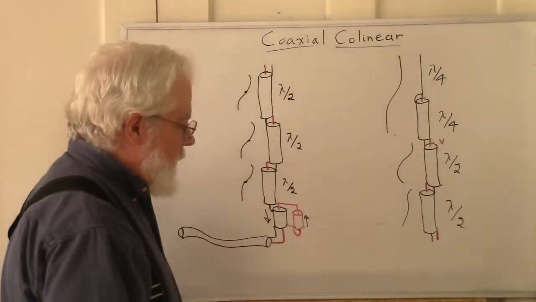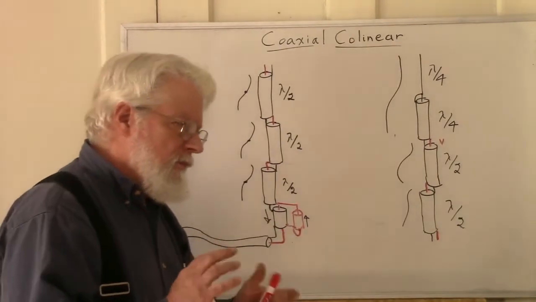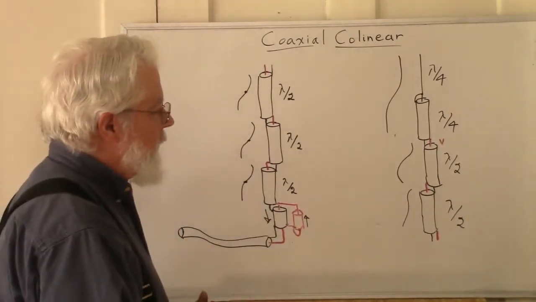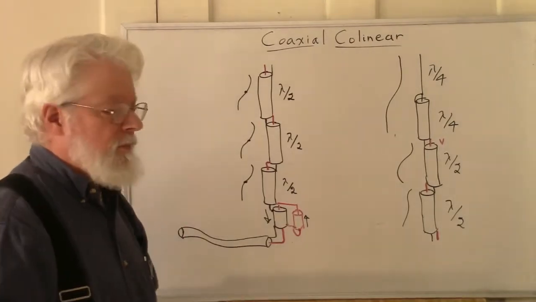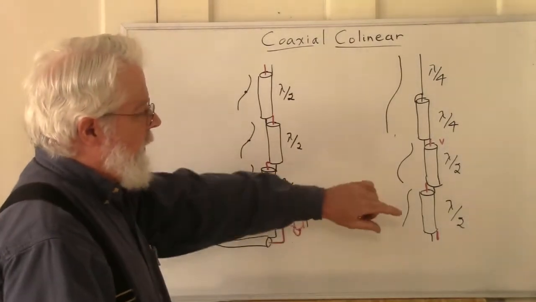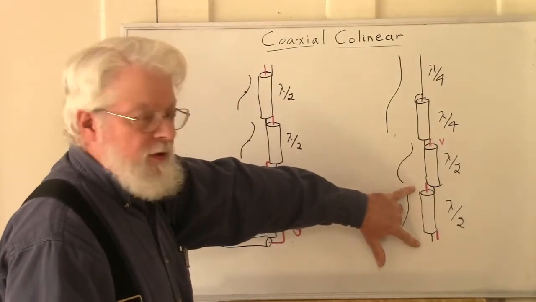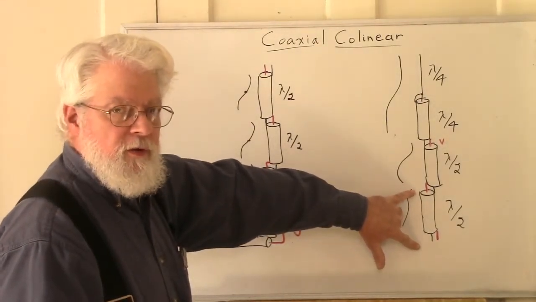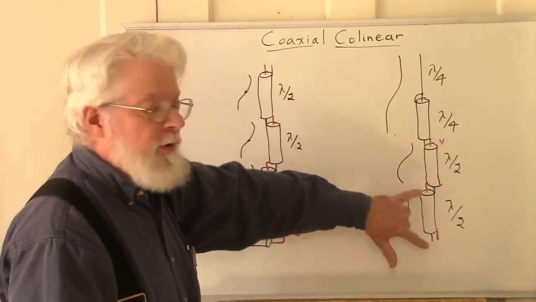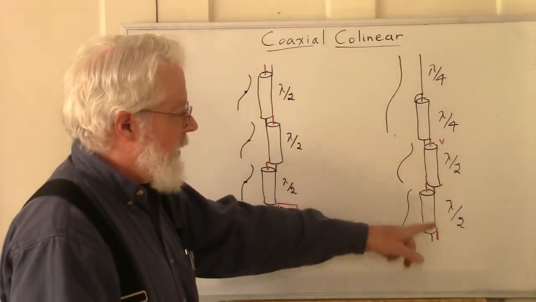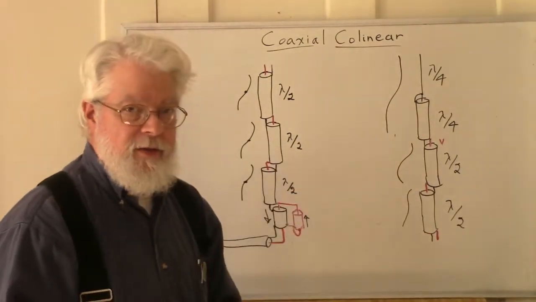The only vagary here is, no matter what we do, the velocity factor of the exterior of the coax, the shield of this coax, is always going to be higher than that of the conductor inside.